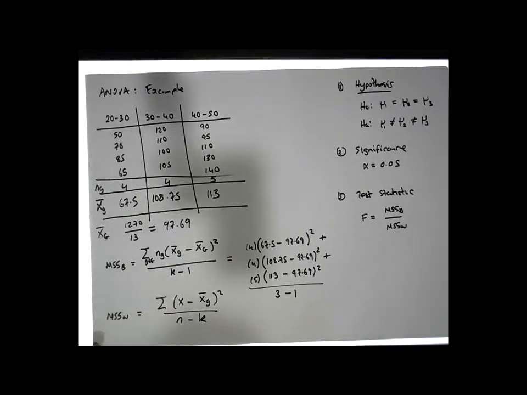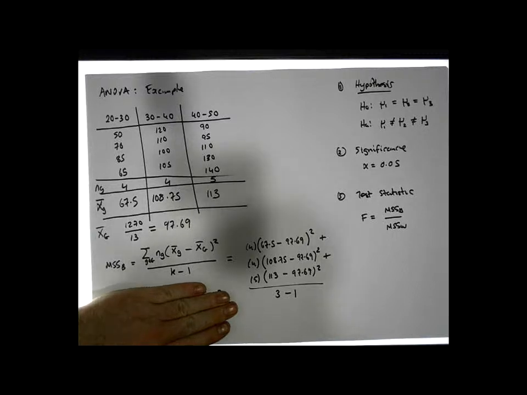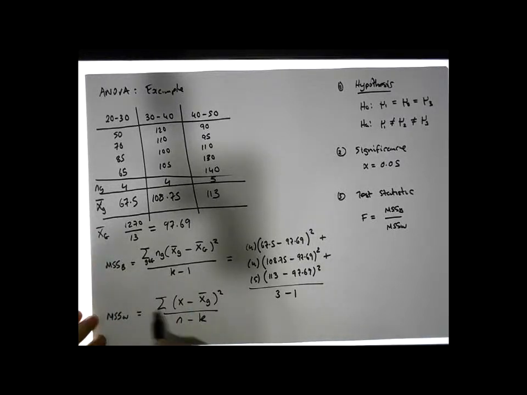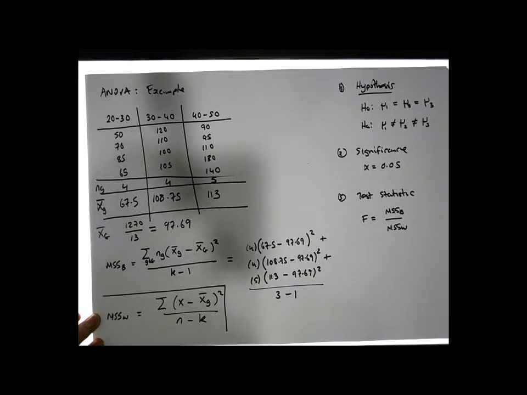So now our mean sum of squares between measure is equal to, well, this is a bit of calculator work.